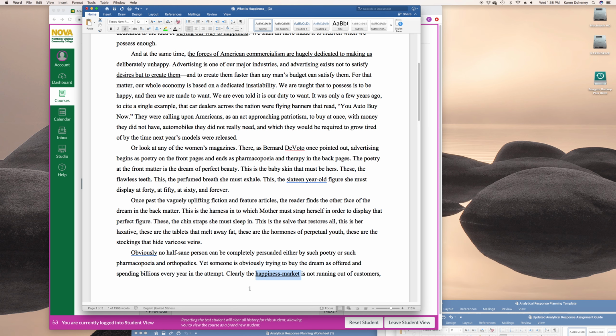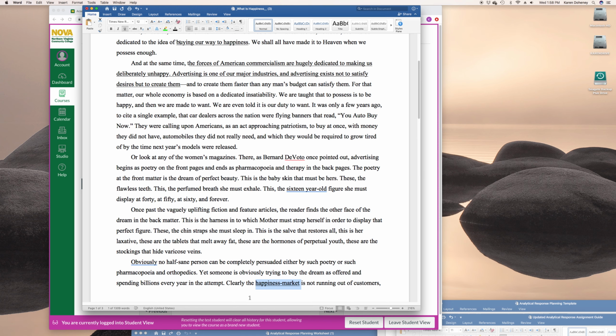And then we buy something, right? Buying our way to happiness. And then we go back and see another ad that makes us want more stuff. And so we buy. And so we're in a constant loop, right? A loop that always keeps us wanting more. And so that's the idea here.